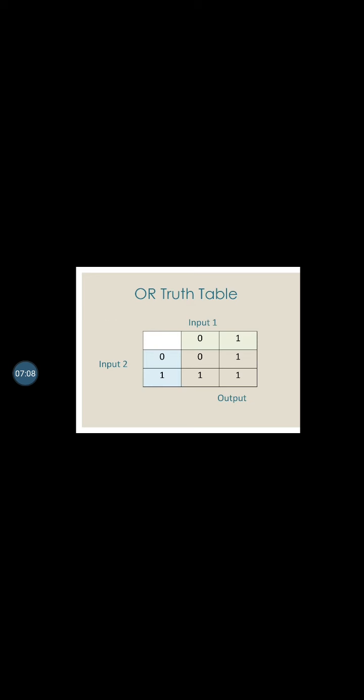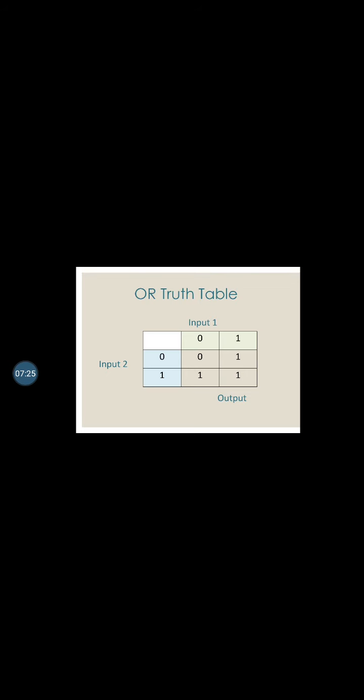So for the OR gate, only if both conditions are 0, output is 0, while in all other conditions the output will be 1. In the OR truth table, if both inputs are 0, output is 0, and in all other conditions the output will be 1. So the reflection point is that the OR gate works as an addition of the two input signals.